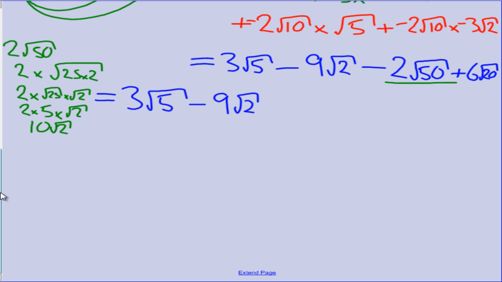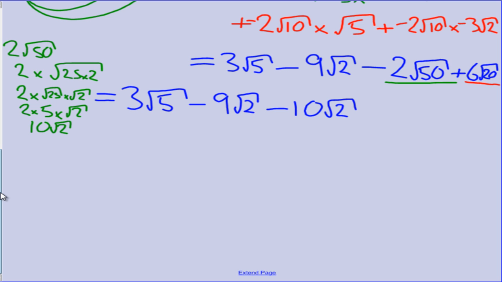Going back over to our real answer for this question, it was minus, and instead of 2 root 50, we're going to say that it is 10 root 2. Alright, the last one, 6 root 20. Same sort of deal. Is there a number that can go into 20 that is also a perfect square? I think there is, so we're going to do this one as a red side project.